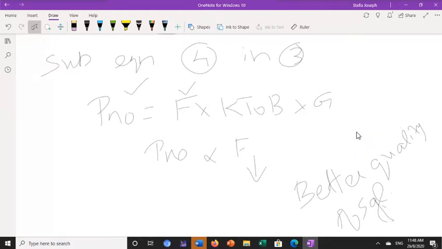So this is in terms of noise output power.